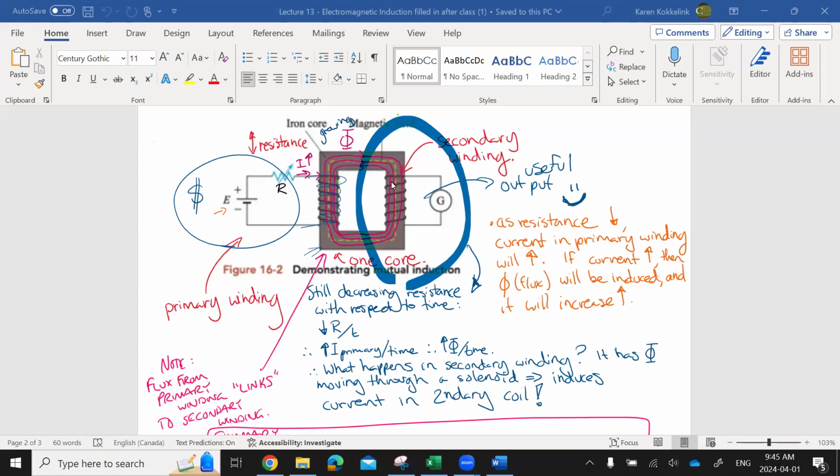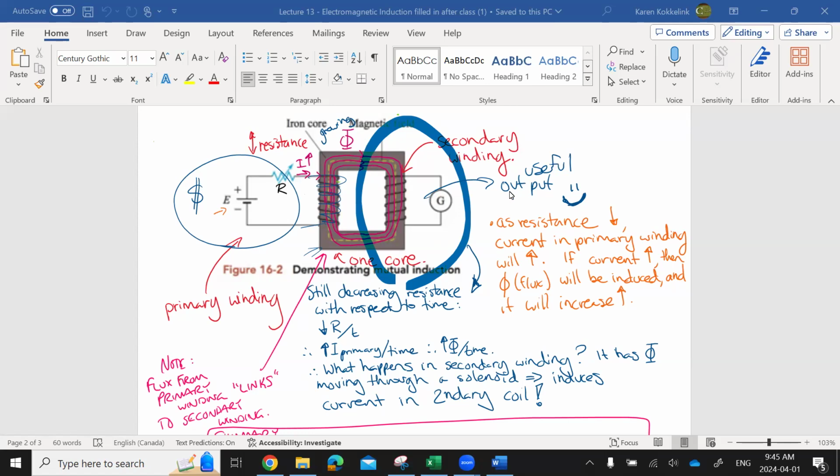So over here on the secondary winding, Faraday again tells us that if there is a changing magnetic flux, then it is going to induce an EMF in any coils that are wrapped around it. So now I have an EMF in the secondary winding. Thank you very much to Faraday, who got that from this magnetic field, who got that from the changing current.